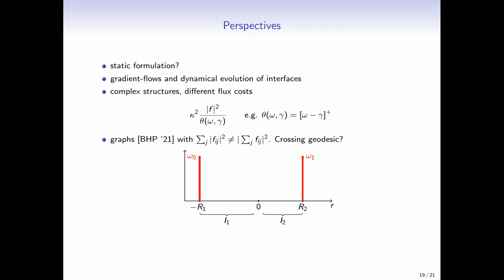But the flux penalization they put was this. So the way to penalize the flux is you look at the effective overall costs. So if you're sitting at vertex i, you look at all the influxes from all the adjacent edges. So each time you do that, you have a flux F_ij, which is an influx from the jth edge to the ith vertex.